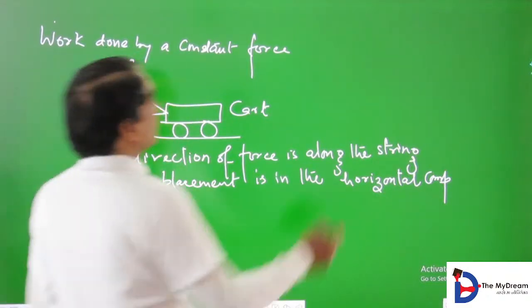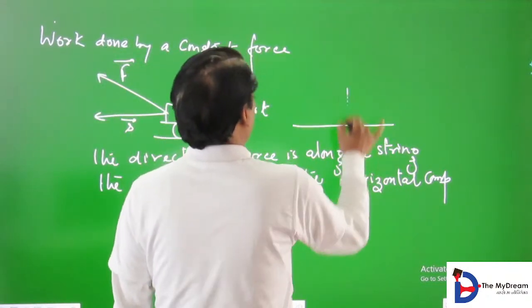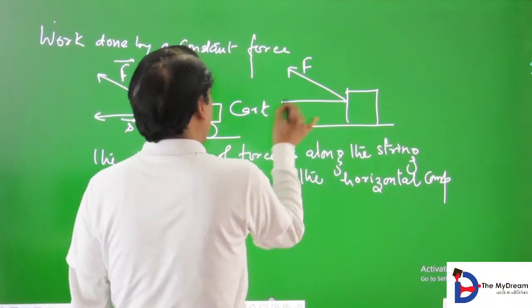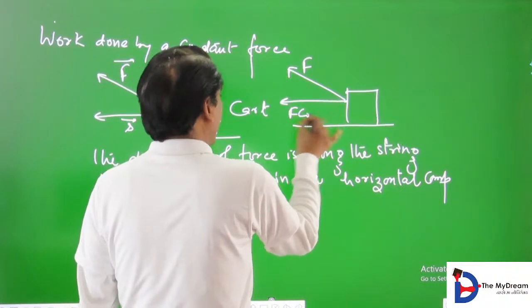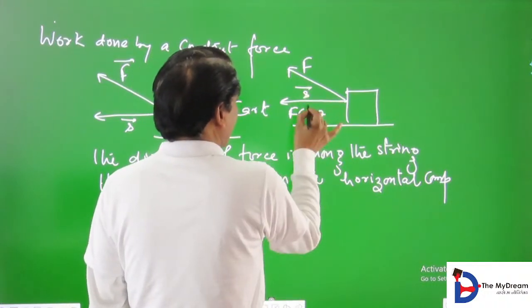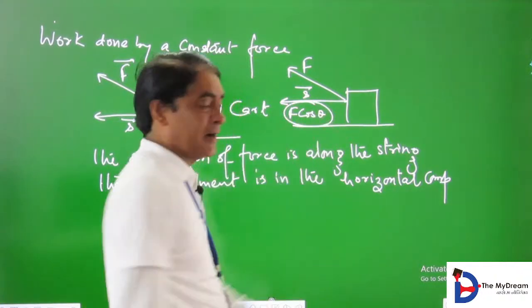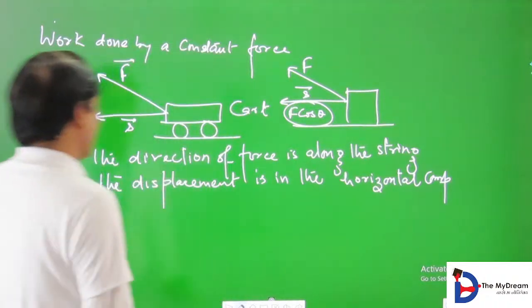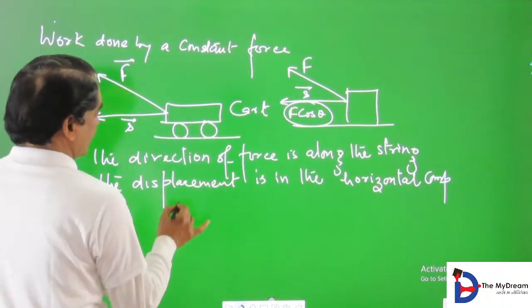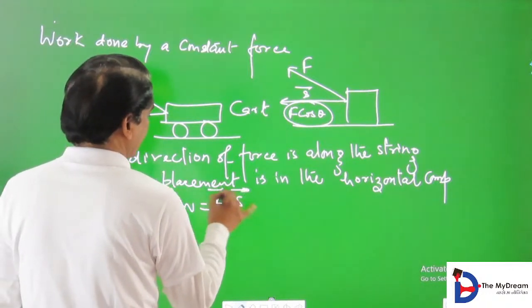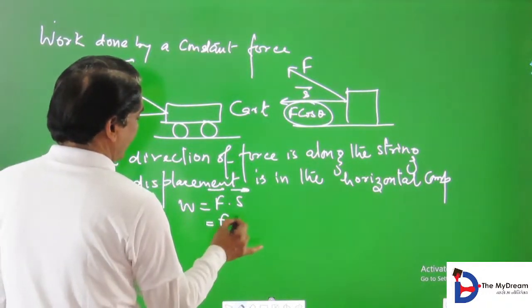So what will we do? You can make the component. Now the direction of the displacement is in the direction of the force component. So we can write down F dot S, so F cos theta.